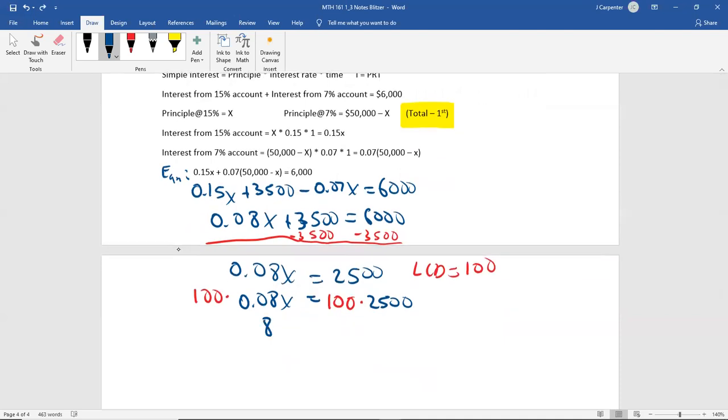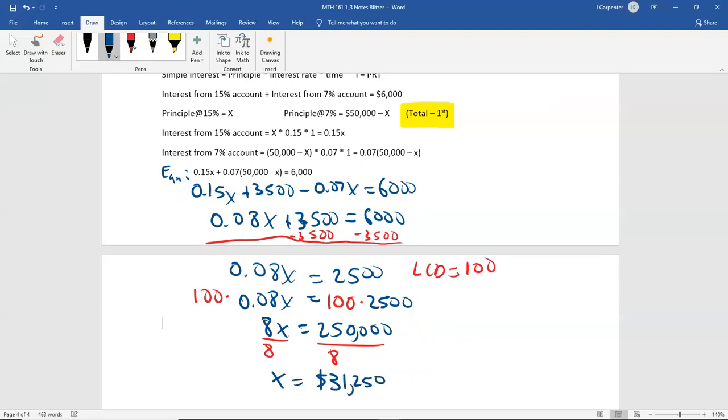So that's 8x equals 250,000. We divide both sides by 8. And if you do that long division, let's see. 8 will go into 25 3 times, then that'll be a 1. So 31,250. Again, I will leave it up to you to confirm this.